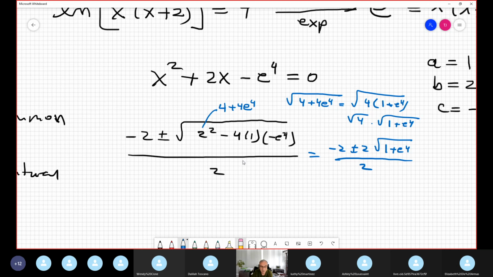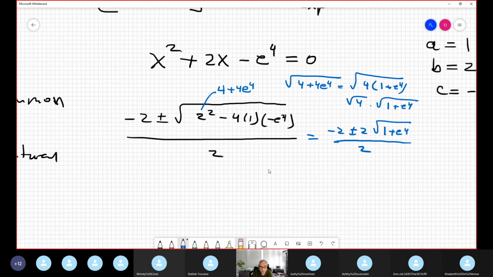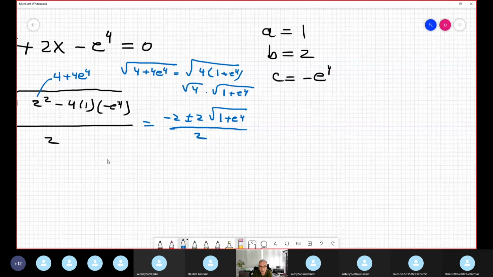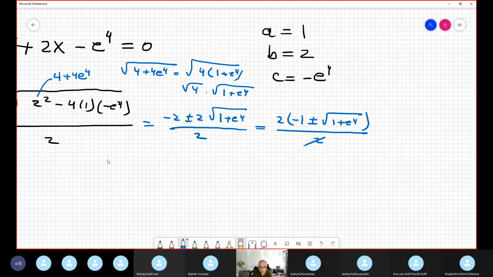We can cancel out these two. You factor, for example, that 2 outside. Factoring the top by 2, we have minus 1 plus or minus radical 1 plus e to the 4th power divided by 2. And these two is cancelled. The potential solution is negative 1 plus or minus square root 1 plus e to the 4th power.